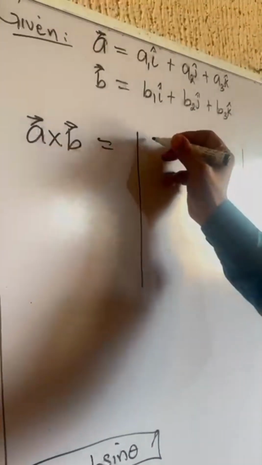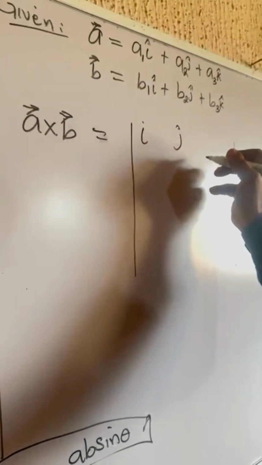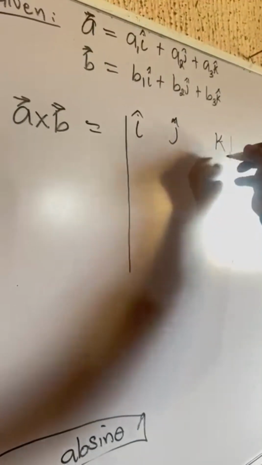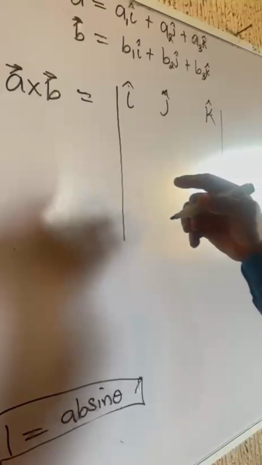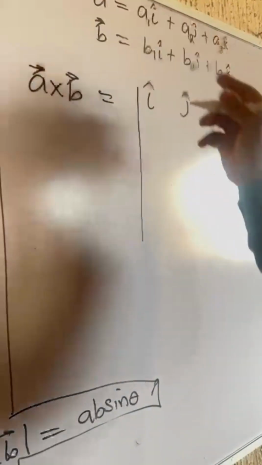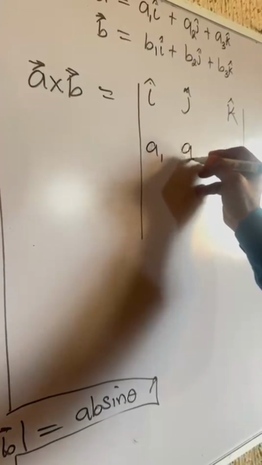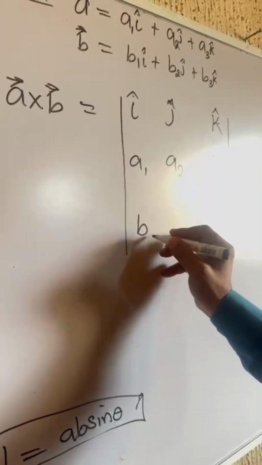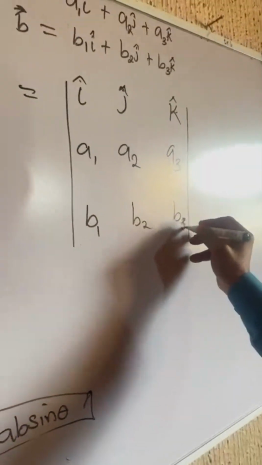So let's arrange them as the unit vectors i, j, k. Then let's have the values of A as A sub 1, A sub 2, and A sub 3, and then have B as B sub 1, B sub 2, and B sub 3.